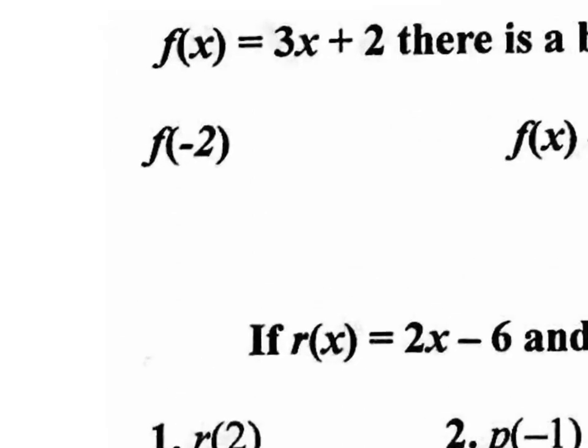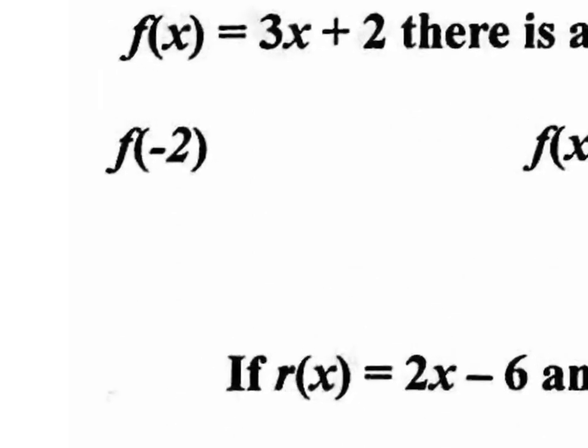So let's go with the f of negative 2. Now, this notation is telling you to rewrite the f of x function, but instead of the x, let's write it with parentheses, okay? So instead of writing 3x, I'm going to go 3 parentheses, and then bring down the plus 2. And the question is, what am I actually going to plug into x?